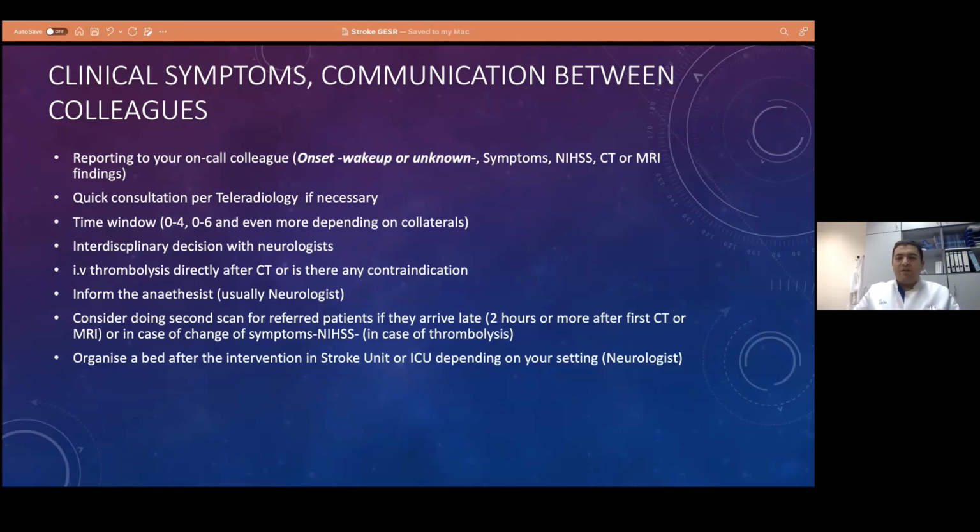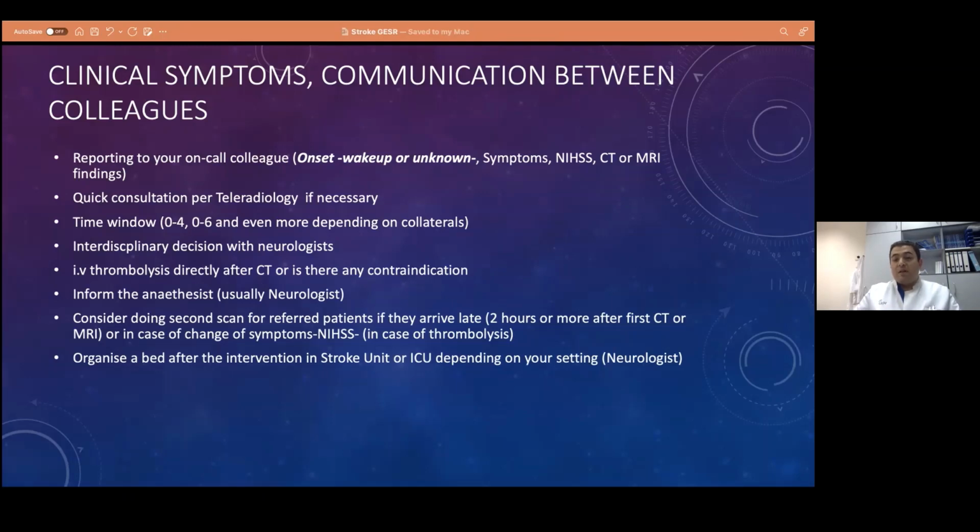If the patient is being referred from another hospital, you have to consider doing a second CT or a second picture to see what did happen in that time, especially if he arrives late. We're talking about more than 2 hours between two hospitals.